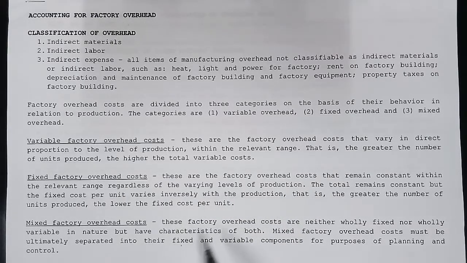So, in simple terms, fixed factory overhead cost is fixed whatever the level of production, provided that the level of production is still within the so-called relevant range.